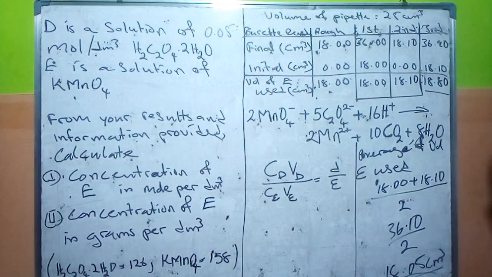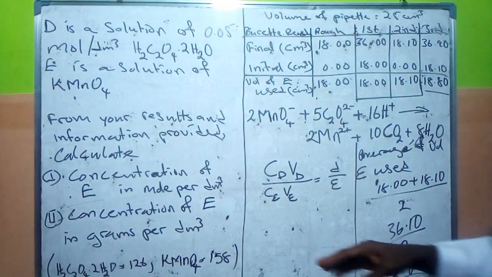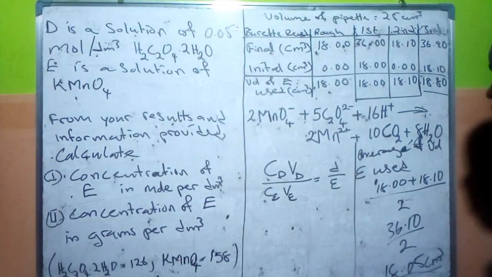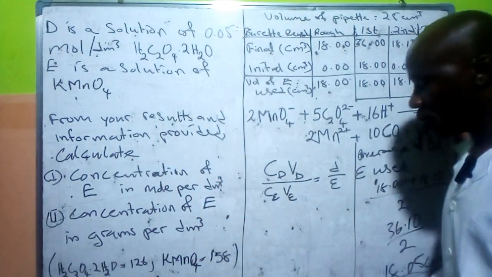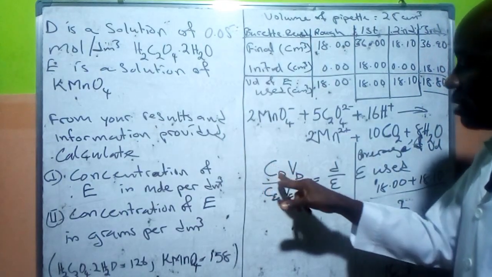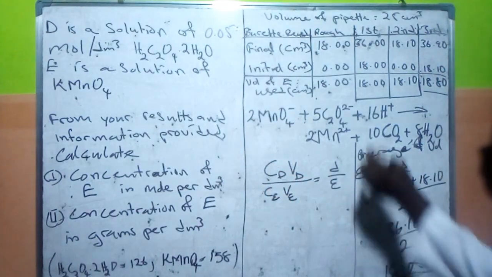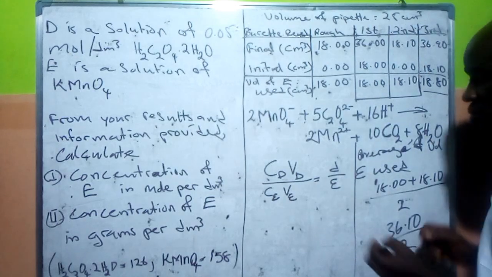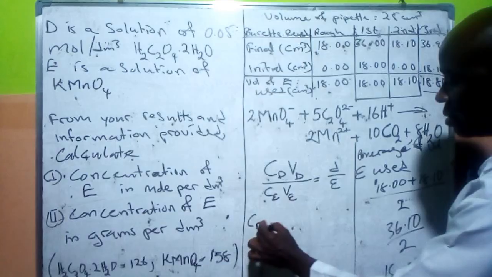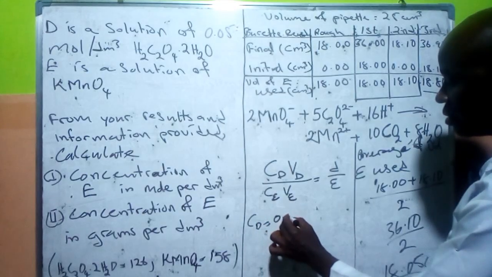Now we have what the average volume is like for the E that we're looking at. So what do we have here? We don't know the concentration of E. Since we don't know it, we know the concentration of D and the volume of D, which is the volume of the pipette, 25 cm cube. So what we do here, we put the concentration CD is equal to 25.